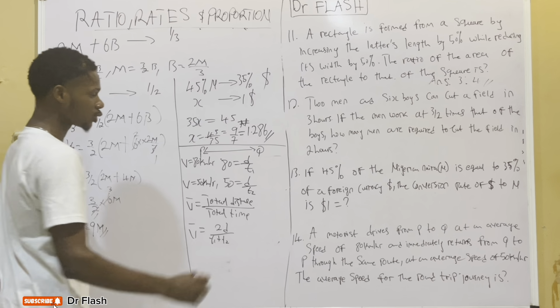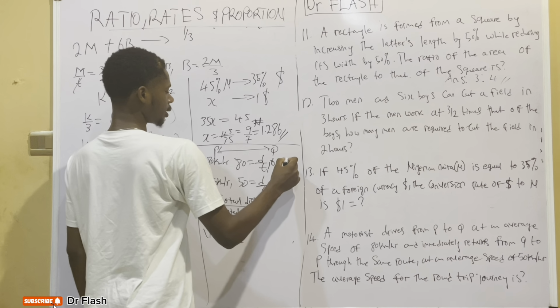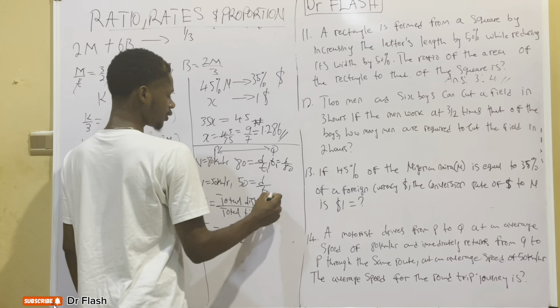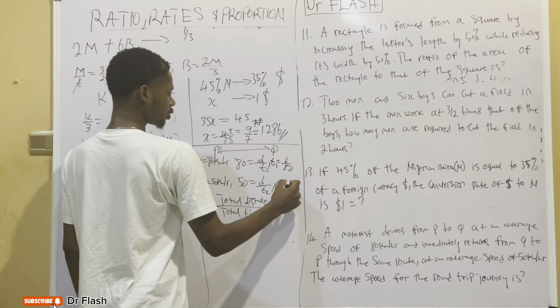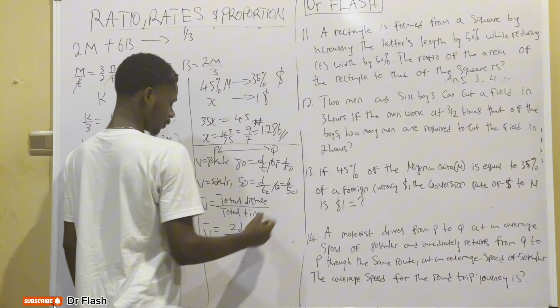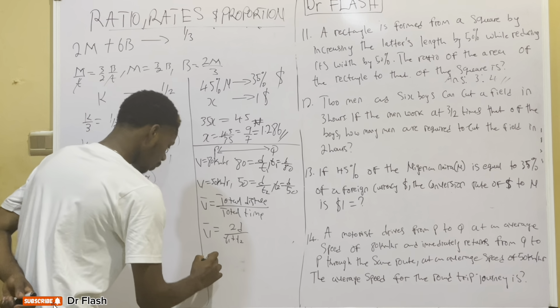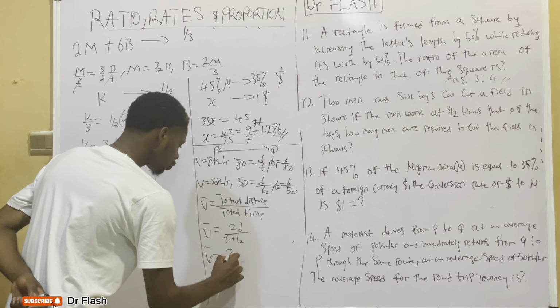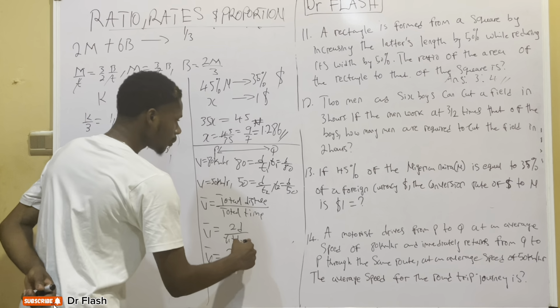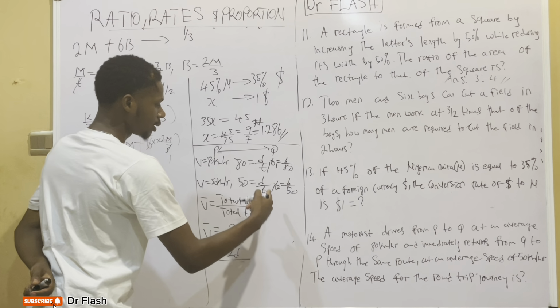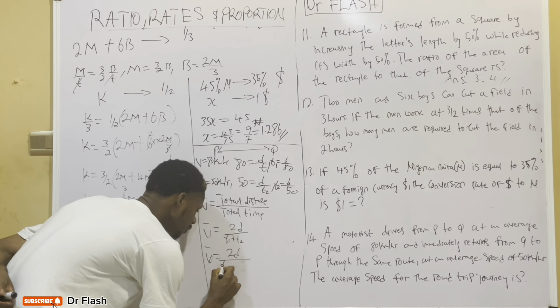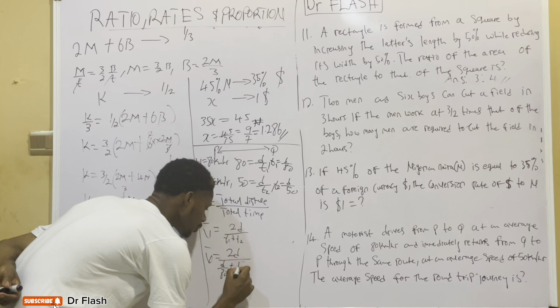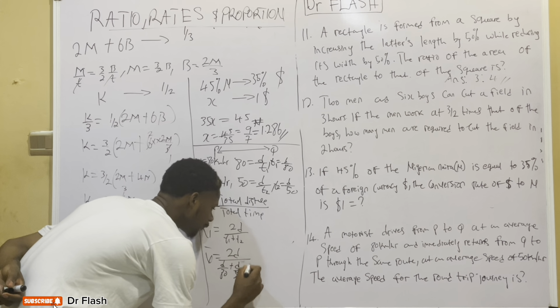Now let's make some substitutions. From here, T1 is D over 80, and from this second one, we're going to get T2 is D over 50. So if we substitute in, we're going to get average velocity is equal to 2D divided by T1 plus T2, that's D over 80 plus D over 50. Let's do the math.